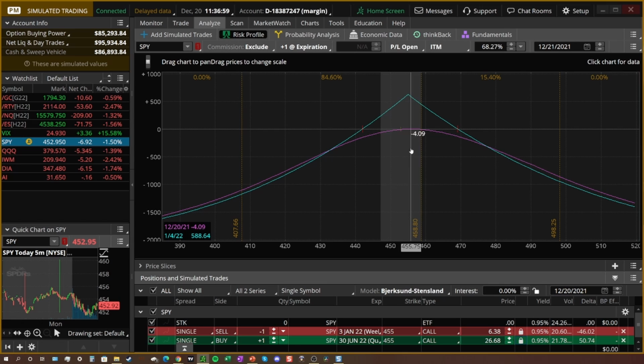Now, previously I have mentioned that this light blue line, the teal line, is your expiration, right? But which expiration is that calculating off of? That's why this expiration line is curved. It is not straight, right?